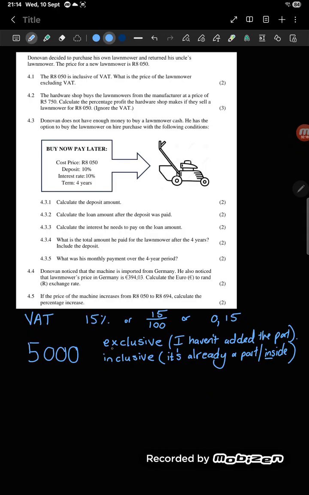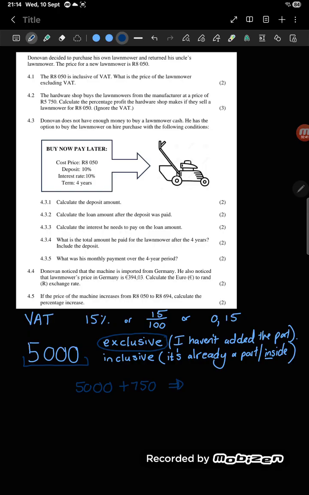Now, what we just did was exclusive. That means I need to work out what 15% of this 5,000 is, and then add it. So I've got 5,000 plus the 15% we worked out as, how much was 15%? 750.